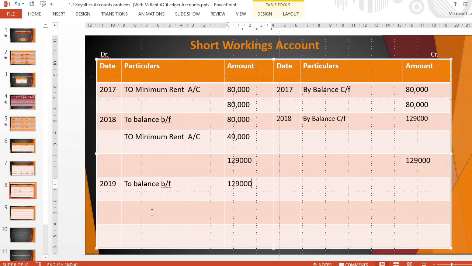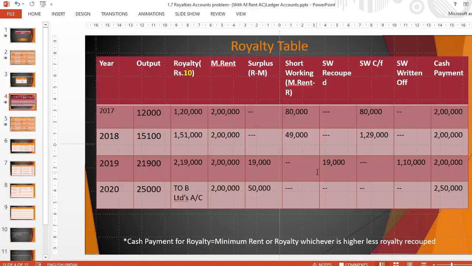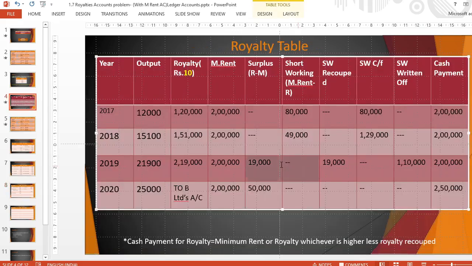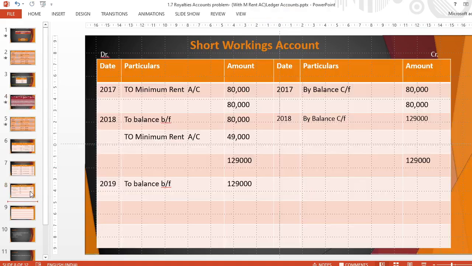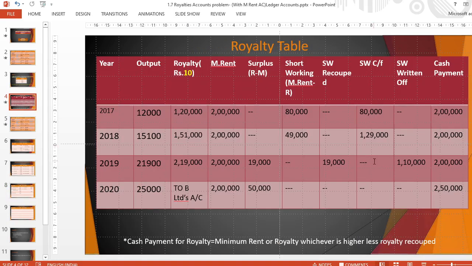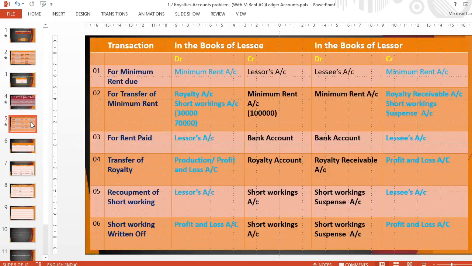Then I need to check again the table if there is any amount for fresh short working. There is no fresh short working, so the first entry is not necessary. That is, short working account debit to minimum rent account is not necessary. And then check for recoupment. Of course, we have recoupment of 19,000. As far as recoupment, the entry is lessers account debit to short workings account.